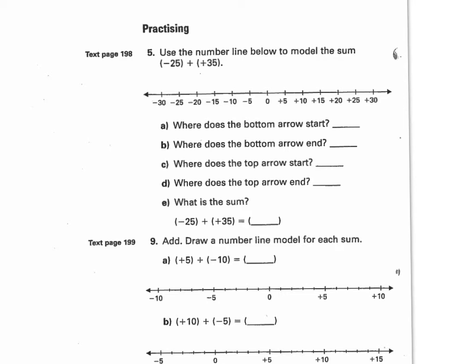Here is one more example. Using the number line below, we are going to model the sum of -25 plus +35. The sum refers to the answer of an addition question or statement. The sum is the answer.